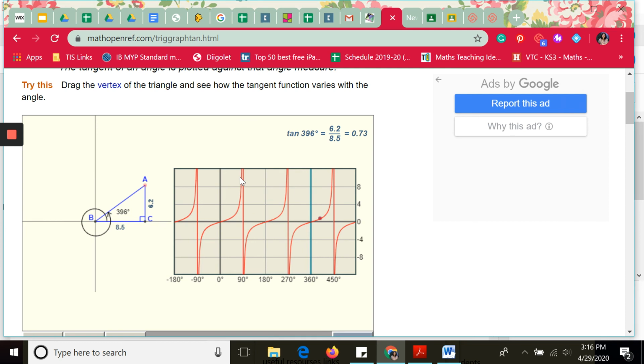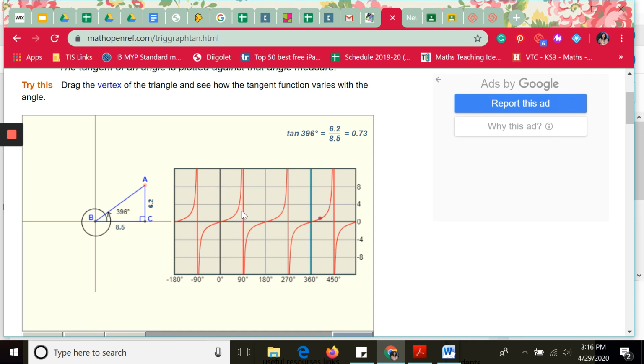When you start the graph of tan x, you need to first draw the vertical lines as asymptotes, corresponding to 90, then 270, and then 450. So after every 180 degrees, tan is undefined.